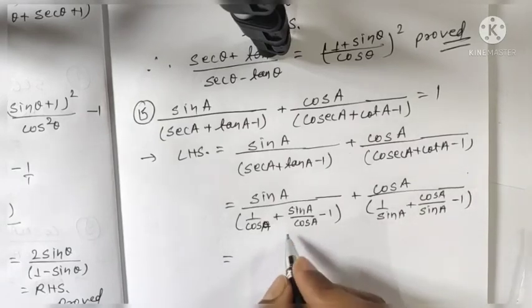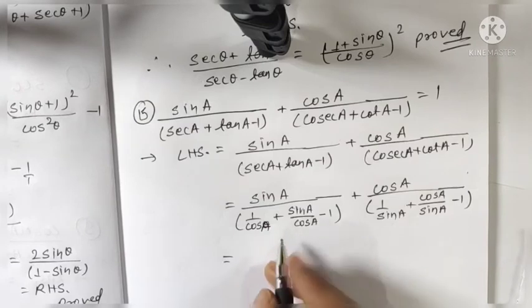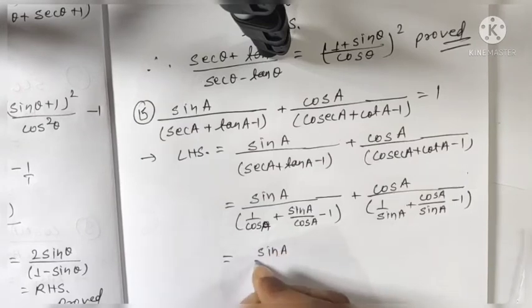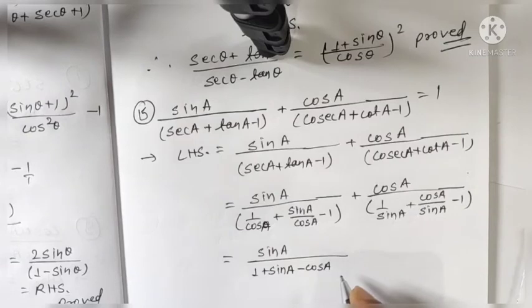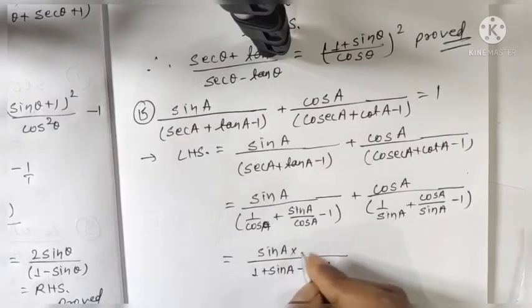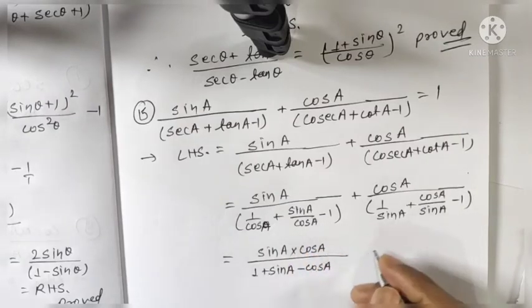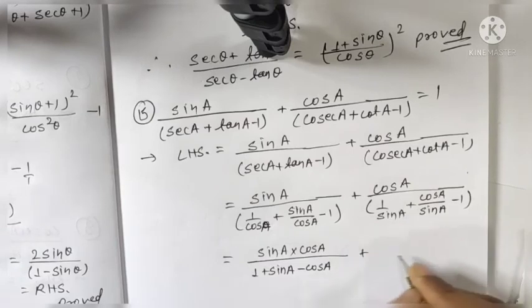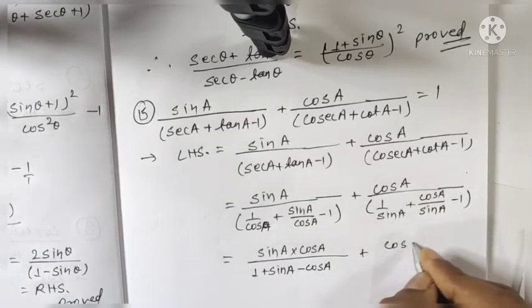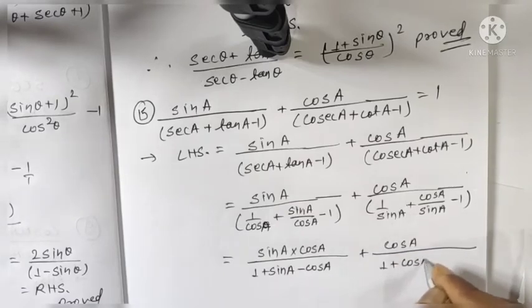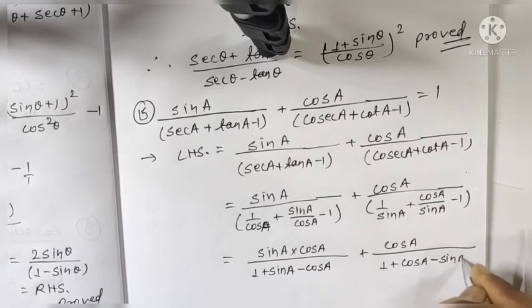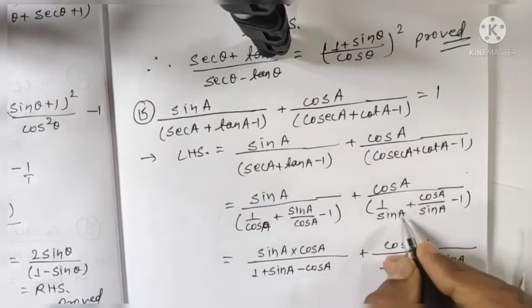When we take LCM as cos A, it will be sin A by (1 plus sin A minus cos A), and cos A will go up, so it will be cos A, and then again cos A by (1 plus cos A minus sin A), and sin A will go up.